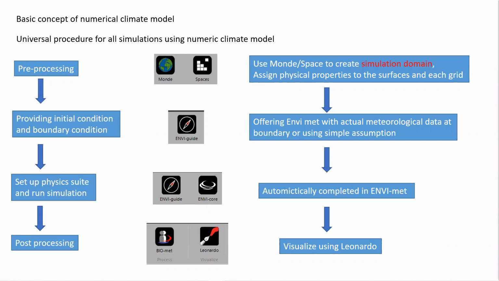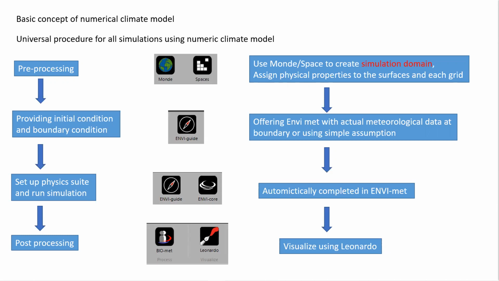And after we create that simulation domain, we also need to assign the physical properties to all the elements in the model, like the reflection. In the space, after you create a building or some vegetation, the materials and physical properties are automatically assigned if you do not change their default values. And you can check the detailed material properties in the database.